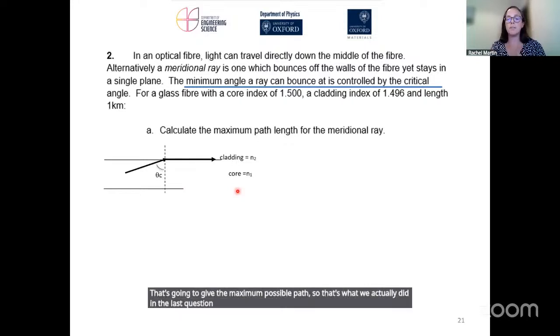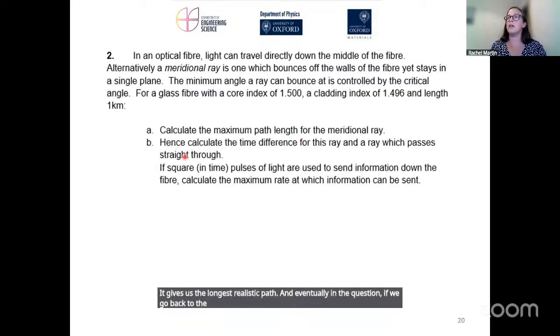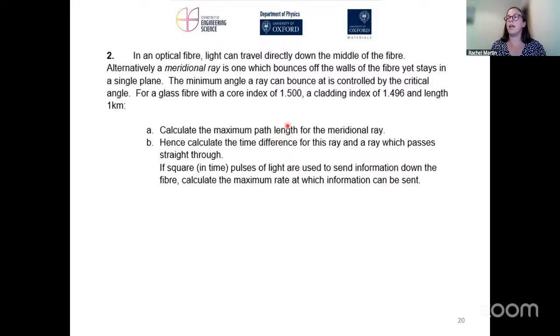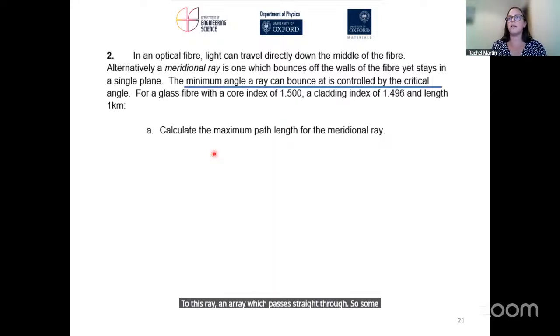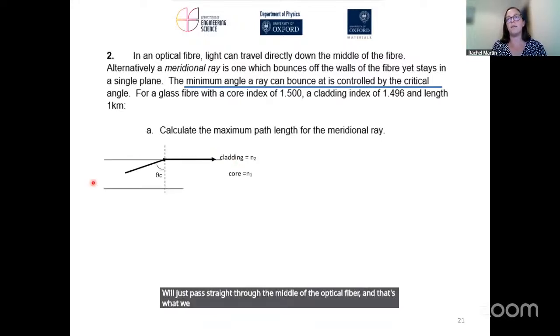It's a simplifying model that gives us the longest realistic path. Eventually in the question, we want to compare that in terms of time difference to a ray which passes straight through. Some rays will just pass straight through the middle of the optical fibre, and that's what we'll look at in part B. Those are the two most extreme.